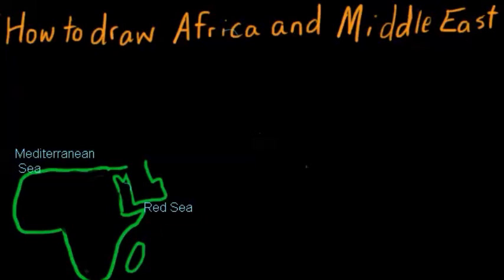And here, let me draw a line too to show you that the Red Sea is not really out here. It's more like right in this place, right in between the Arabian Peninsula and the Horn of Africa and Africa's east coast. But what is this body of water that's right here on the map? This is an ocean. And we have the Atlantic Ocean over on this side, right here.